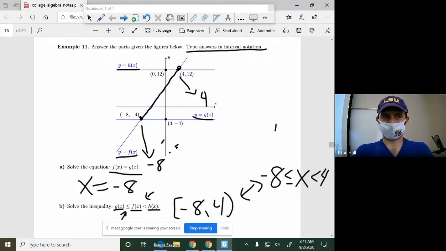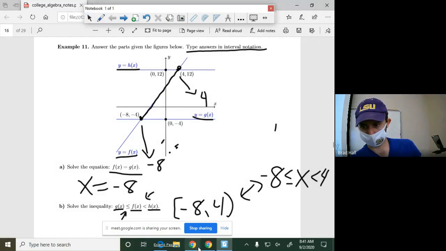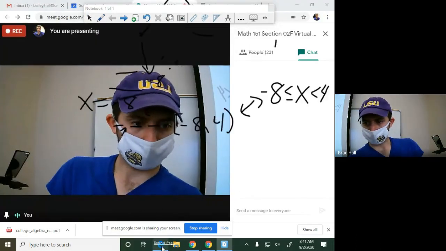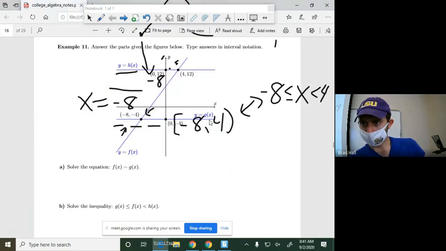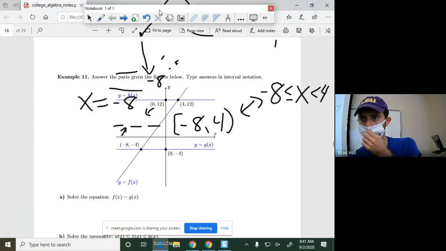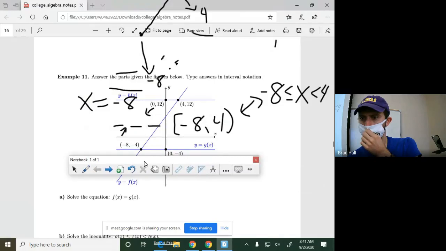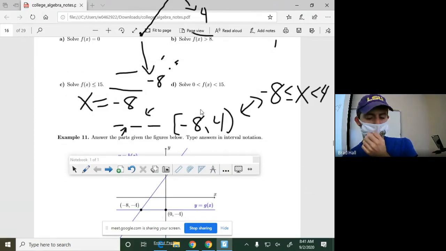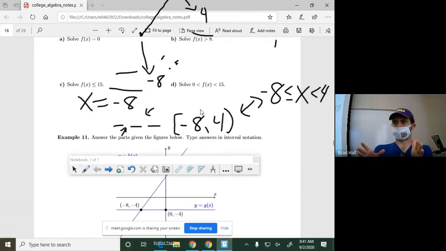Okay, so other than that, this is everything pertaining to linear functions. And so that homework is due tomorrow.